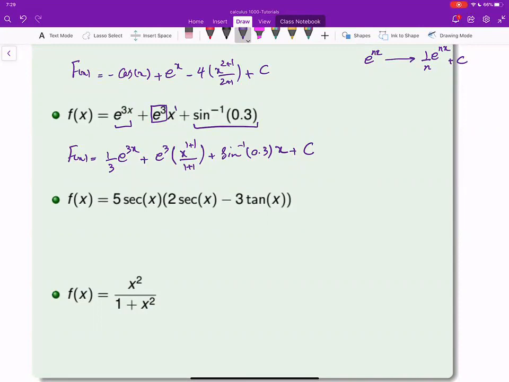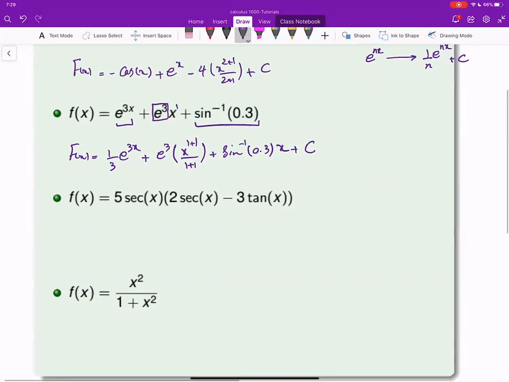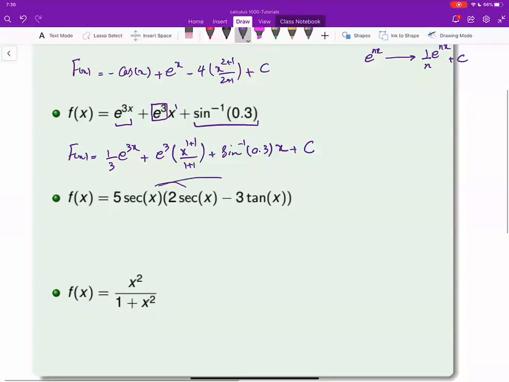We don't have a general rule for that, but we will try to expand it and see if there is anything good we can do there. So this will be 10 secant x times secant x, this is secant squared, minus 5 times 3 is 15, secant x tan x. Now, do I know what is antiderivative of secant x tan x?